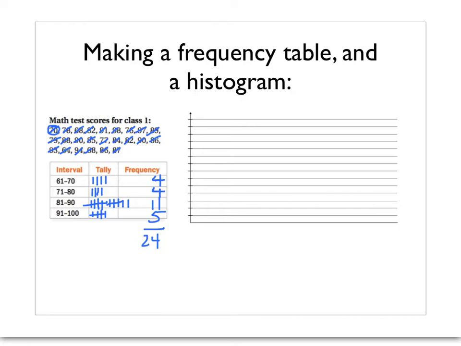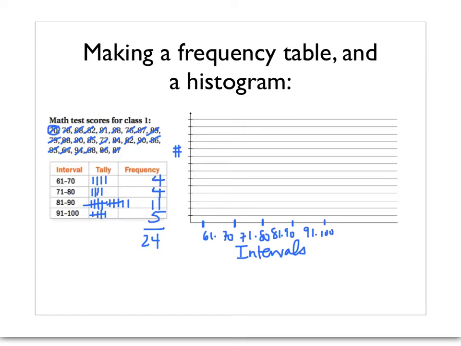Okay, so we have the frequency on the vertical axis, and we'll have the intervals on the horizontal axis. So we need 4 intervals. So I'm just going to start right here, 61 to 70, and then the next section, try to make it the same distance, 71 to 80, 81 to 90, sorry for the mess, it's not very easy to write on, and then 91 to 100.